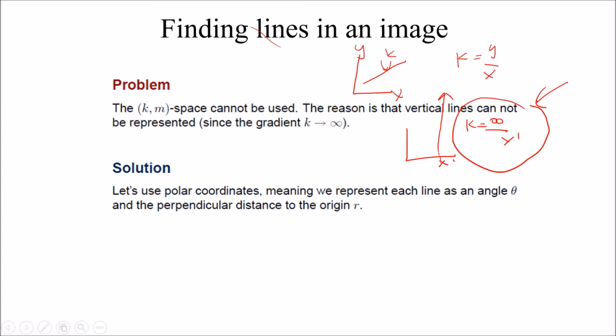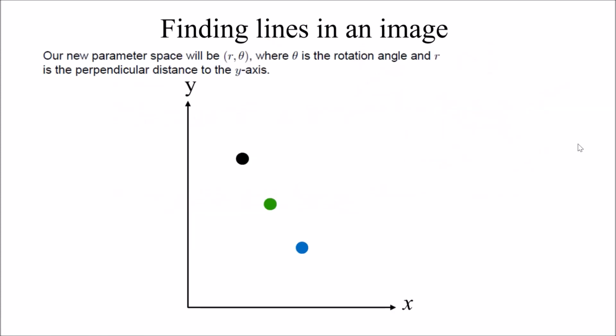So there is some improvement for this method. We can solve this by using another conversion, which we call the polar coordinate conversion. Previously we converted using the gradient and intercept. For the polar coordinate, we calculate in terms of r and theta.